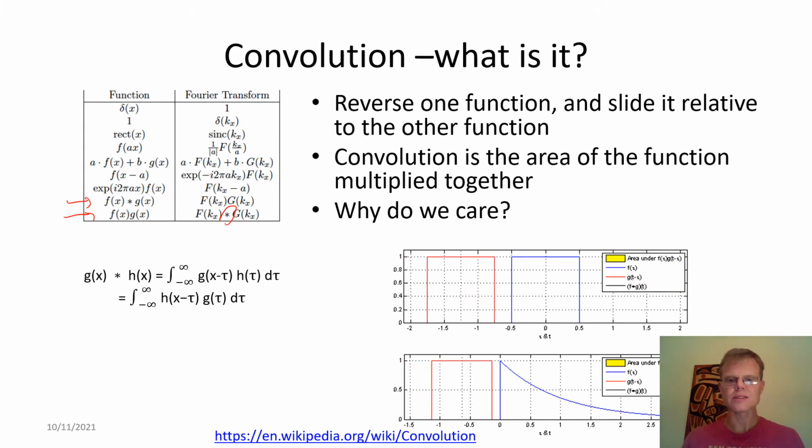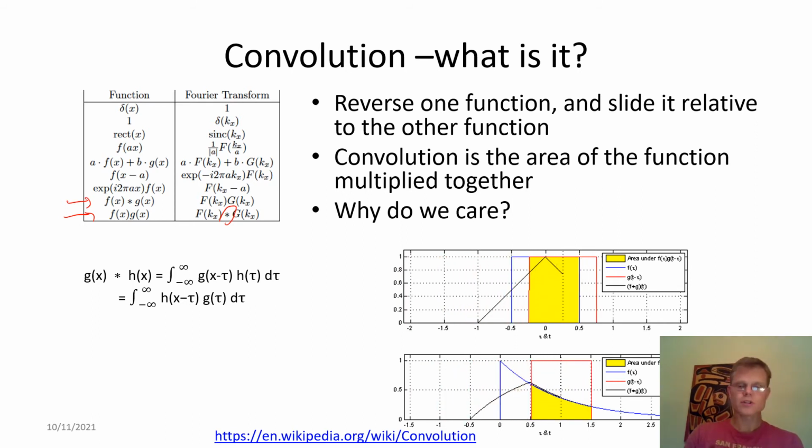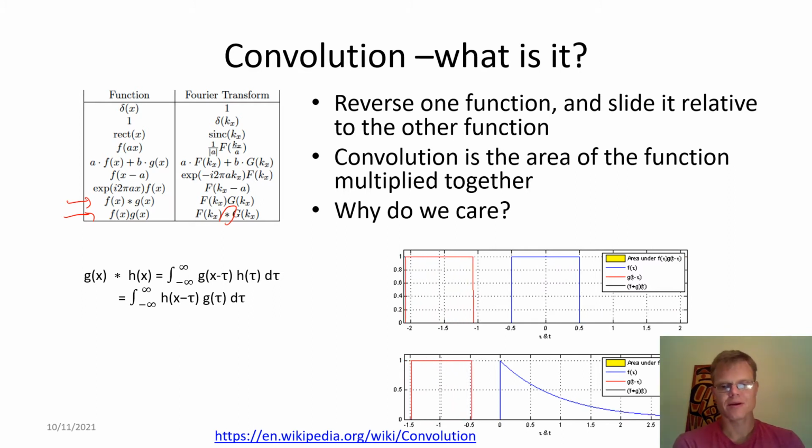So what is a convolution? Convolution is a little bit of a tricky concept to understand. The mathematical definition is shown in the bottom left and illustrated again with a great Wikipedia entry.